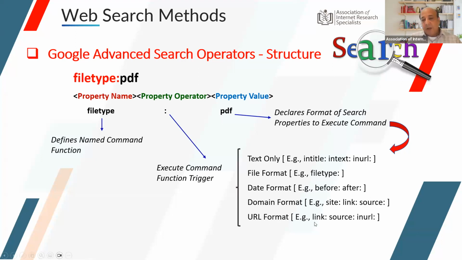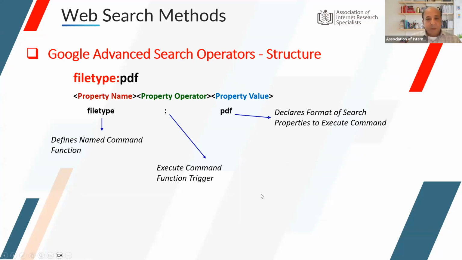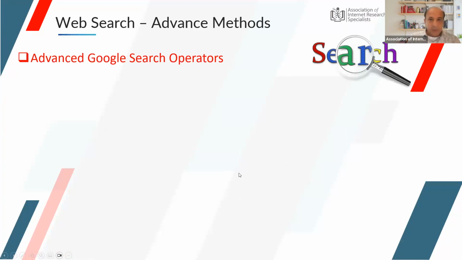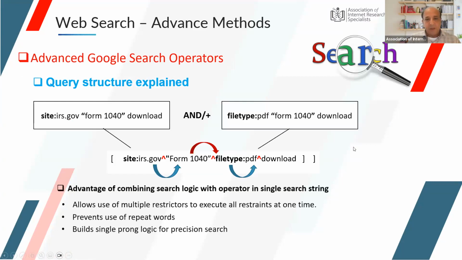In the URL format, you have to declare something that looks like a domain or has a domain name included, which will be used with operators like link colon, source colon, and in URL colon. So this is just the intro, the basics explaining the structure of it.